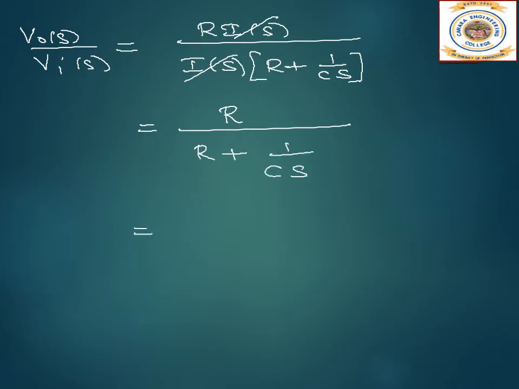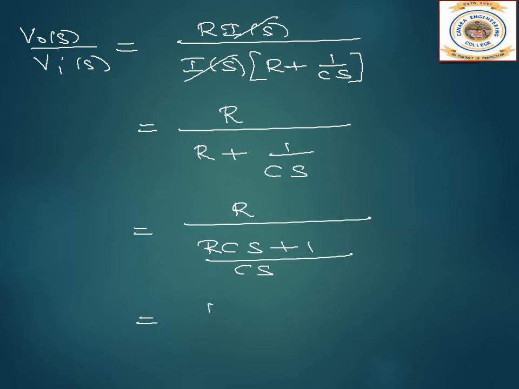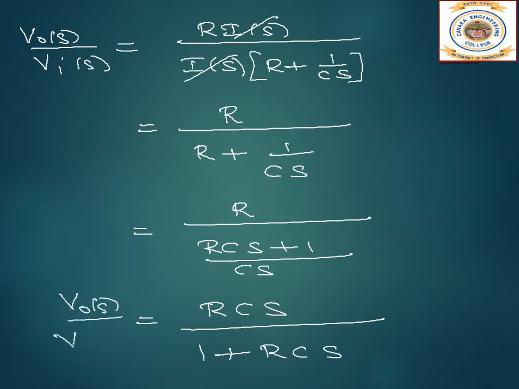Let us take the common denominator: R Cs plus 1. So the answer will be R into Cs divided by 1 plus R Cs. So the transfer function V naught of S by Vi of S is RCS by 1 plus RCS.